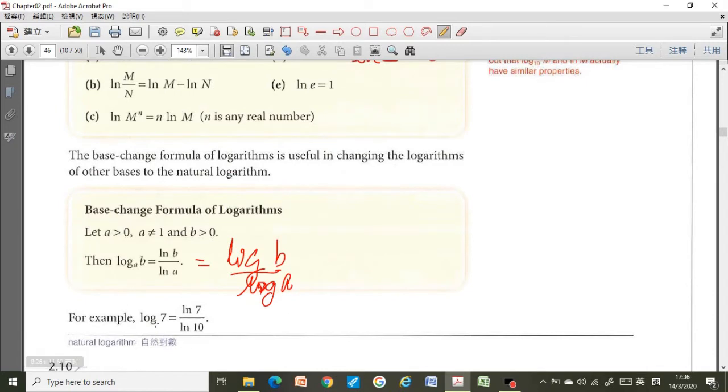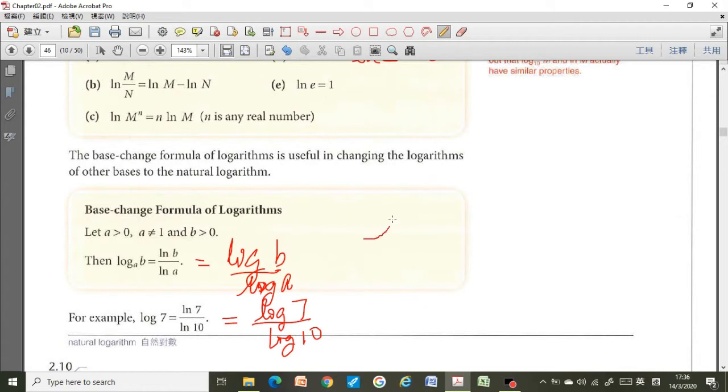If you consider this example, it can also be written as log 7 over log 10. Then when you press your calculator, the two answers are the same.